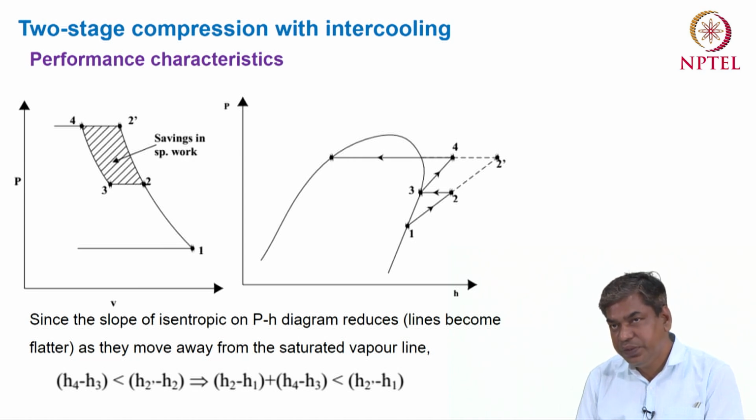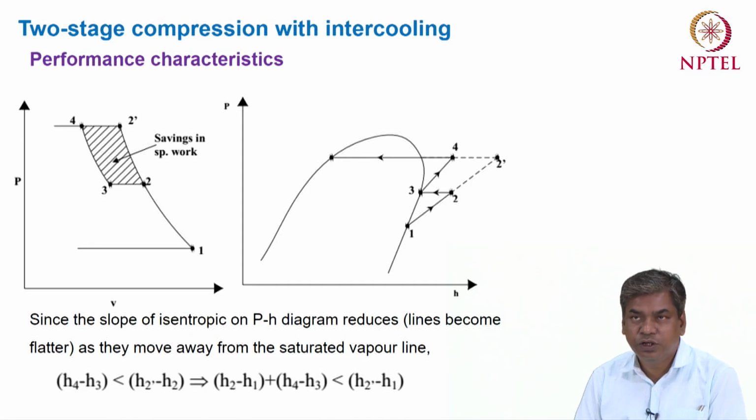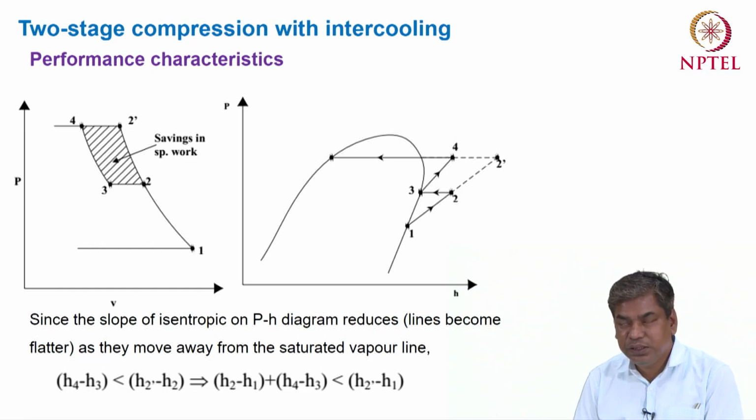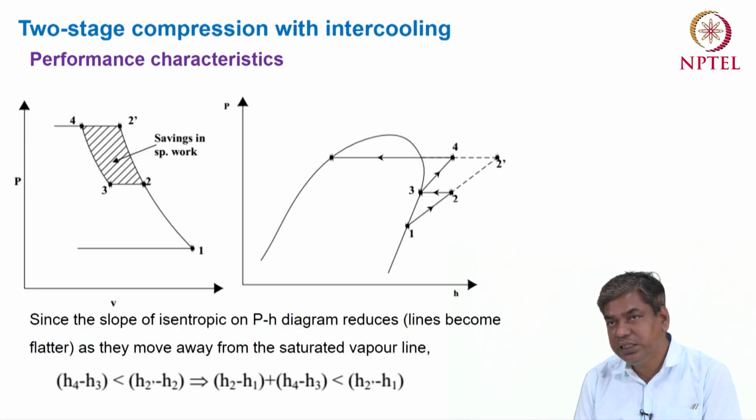So for the same pressure difference between 3 to 4 and 2 to 2 dash, both cases have the same pressure difference. If we compare the density at points 2 and 3, the density at point 3 is higher as compared to the density at point 2. So the slope of the isentropic line for 3 to 4 will be higher as compared to the process 2 to 2 dash.